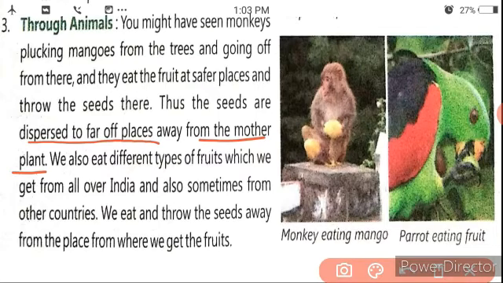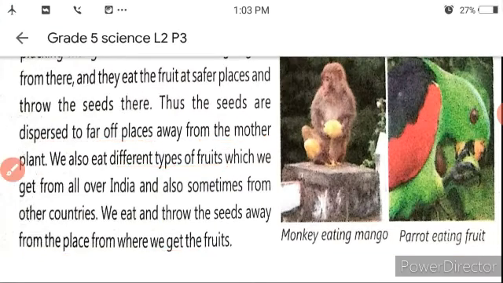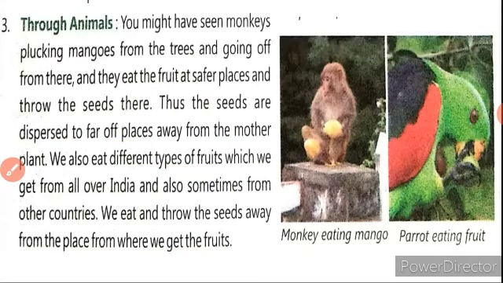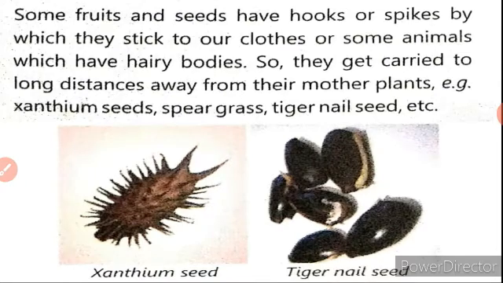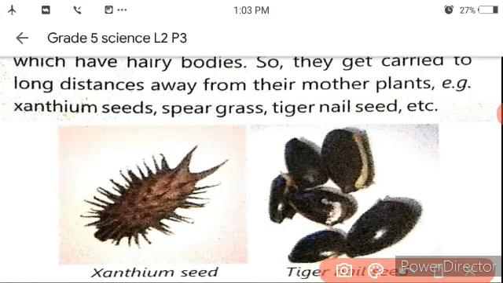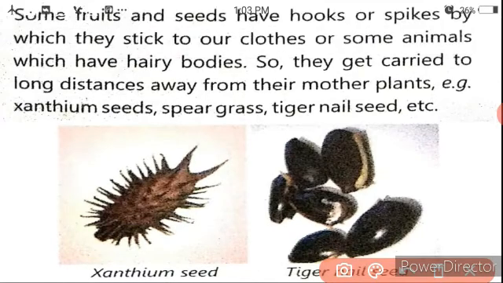We also eat different types of fruits. Do we keep the seeds in the home itself? No, never. We also throw the seeds away from the place from where we get the fruits. So, in this way, the animals are helpful in the dispersal of seeds. See, this one is the xanthium seed and the second one is the tiger nail seed.